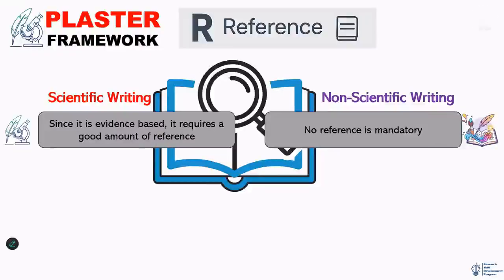People should be able to access the source based on which you are making that judgment. References are the scientific way to give readers access from where they can cross-check the argument or the evidence you are bringing into your scientific writing.